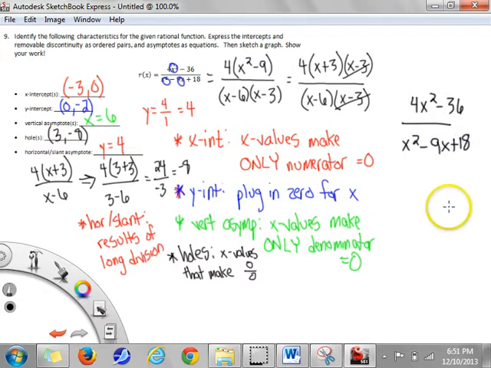If I was going to set up the long division, 4x squared minus 36 would go under the division symbol, and then what's in the denominator would go on the outside. And in this process, you would ask yourself, what do you multiply to x squared to get 4x squared? 4.